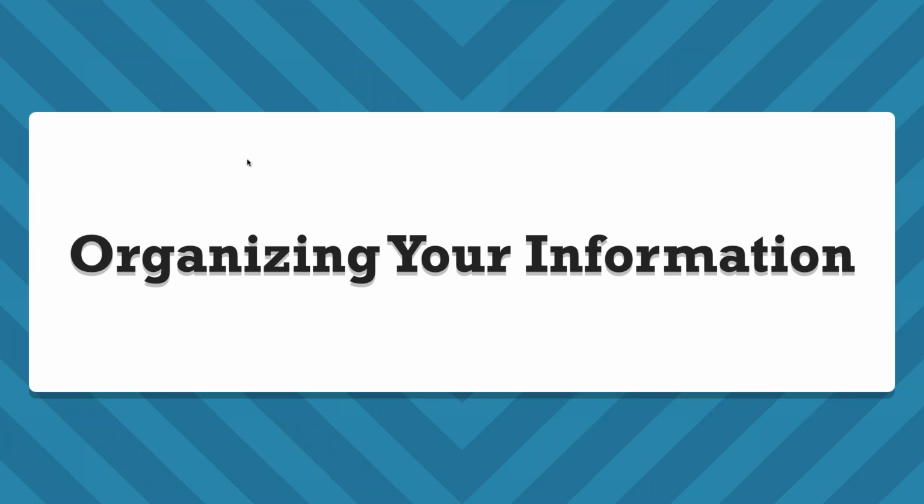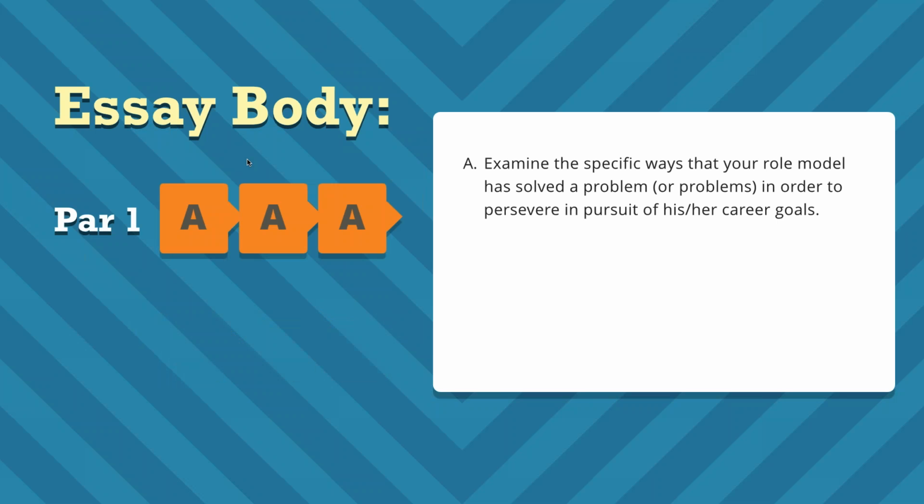So that's just a little bit about organizational strategies, but now I want to talk about the specific ideas that this essay has to cover and a couple of possible ways that you could organize those ideas. Your organizational strategy can take a couple of different approaches.